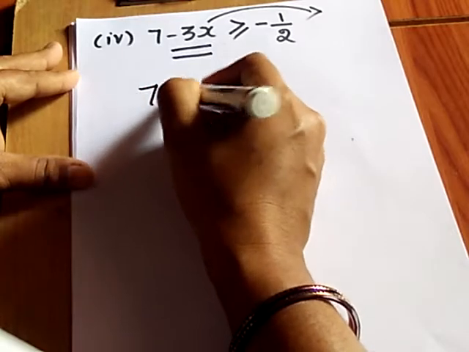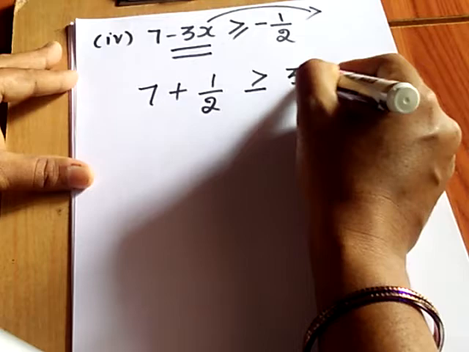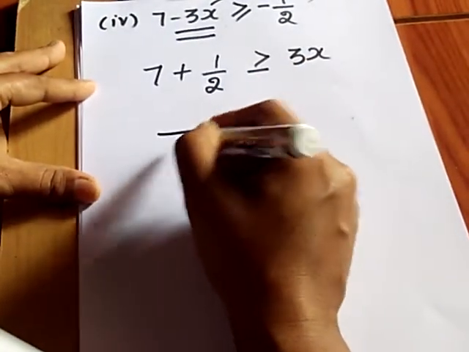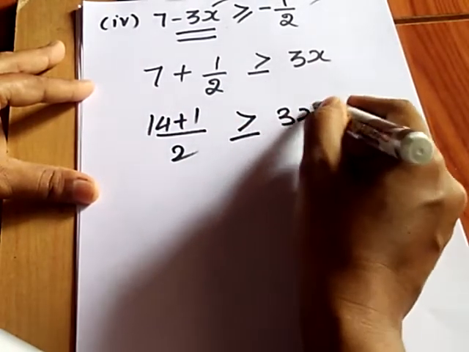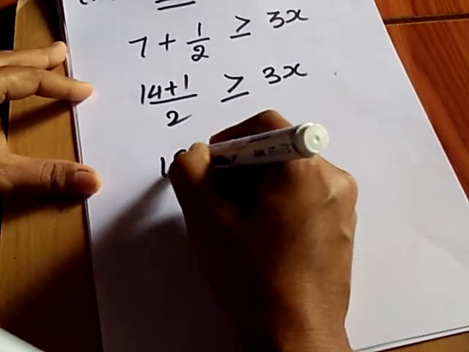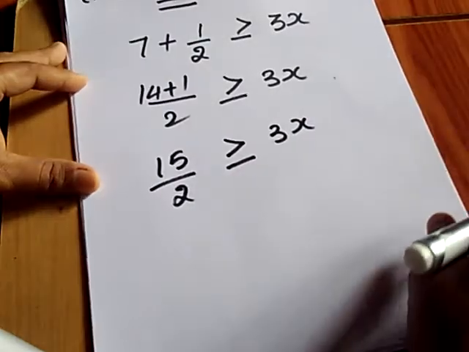So 7 plus 1 by 2 is greater than or equal to 3x. Take the LCM on the other hand side. So 14 plus 1 is greater than or equal to 3x. That means 15 by 2 is greater than or equal to 3x.